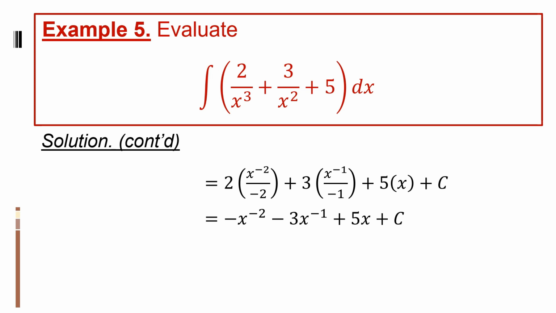Or that is now negative x raised to negative 2 minus 3x raised to negative 1 plus 5x plus c. At pag binalik natin sa baba yung negative exponent, we have negative 1 over x squared minus 3 over x plus 5x plus c.